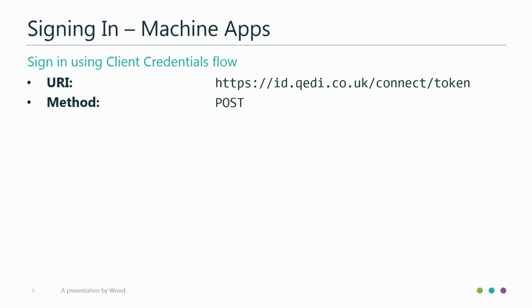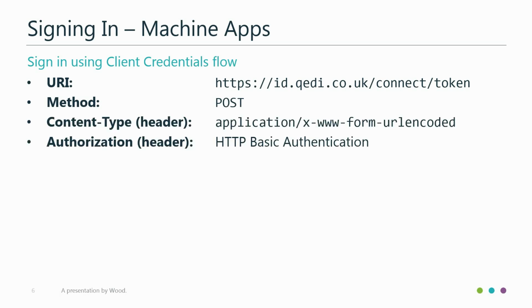That post request needs to have some authentication, so what we need to do is add some headers to that request. The first header we have is specifying the content type, and all that's saying is that the body of the request is going to be a form and it's going to be URL encoded. The next header is the one that actually signs us in and gets the token.